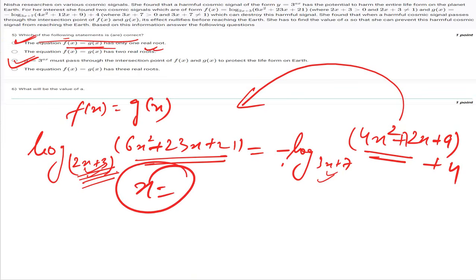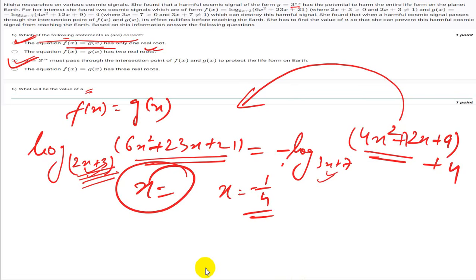So I think if they had made this multiple choice, then this would be a bit difficult, but still let's solve it. So x would be minus 1 by 4. If it becomes minus 1 by 4, then we need to solve it by keeping it here.